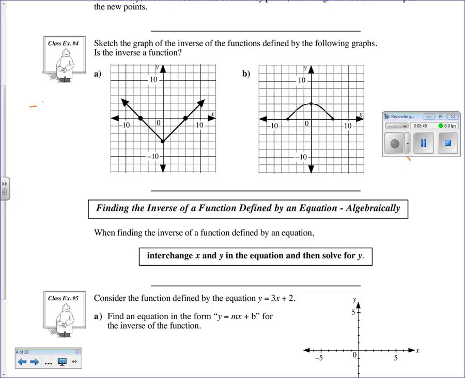I read it as (-3, 0), (0, -3), and (3, 0). And I can make the inverse by simply flipping those numbers around. I'm going to make the inverse on this side. So (0, -3), (-3, 0), and (0, 3).